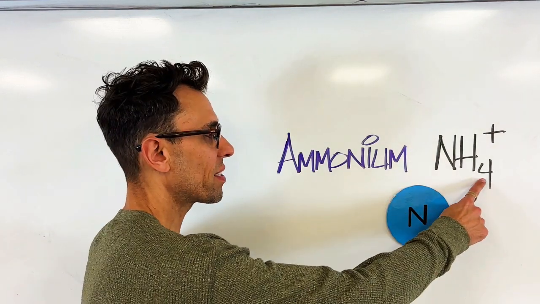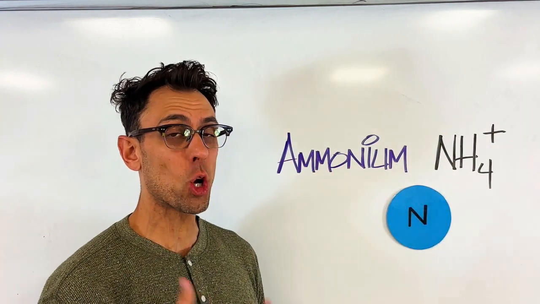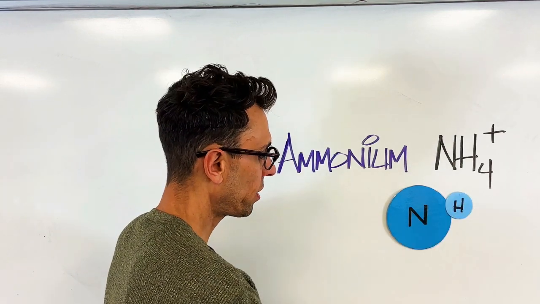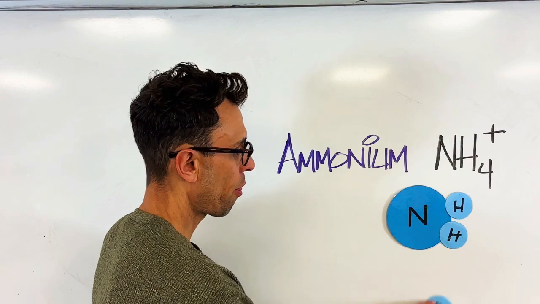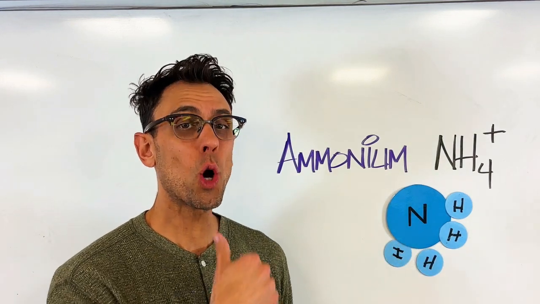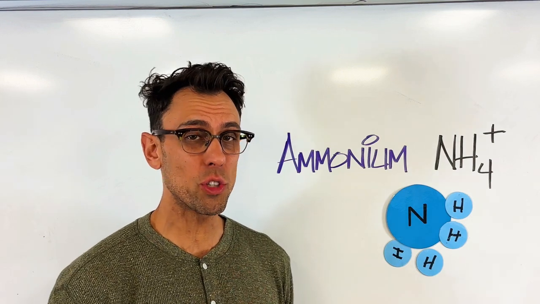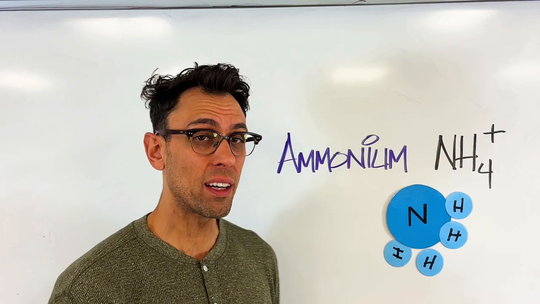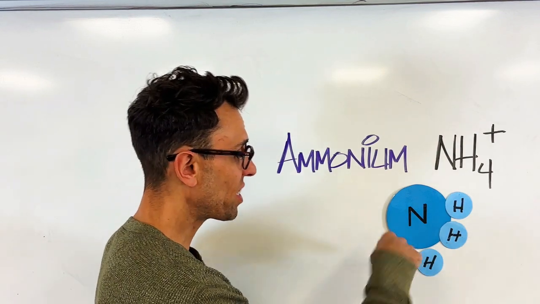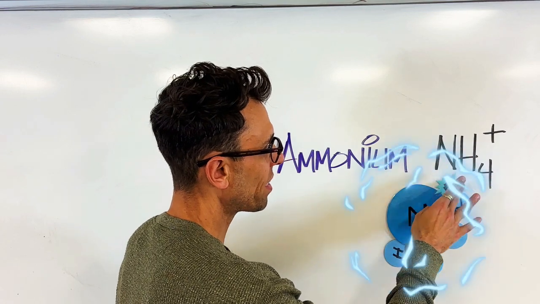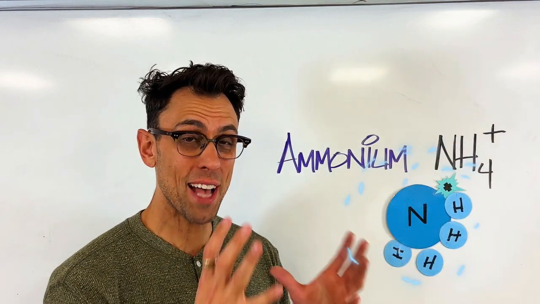Now, we also see a subscript of 4, which tells us that there are multiple hydrogens bonded to this nitrogen: 1, 2, 3, and 4. So we've got a nitrogen covalently bonded to 4 hydrogens. And of course, it's not a neutral compound, it's an ion, so it has a charge. These 5 atoms collectively are short 1 electron, which makes them positively charged as a whole.